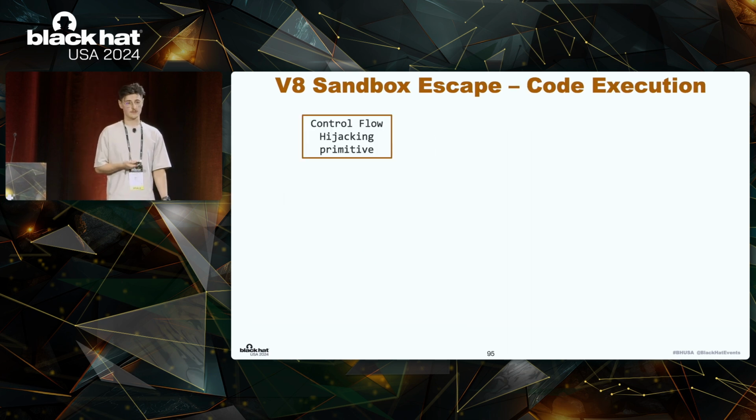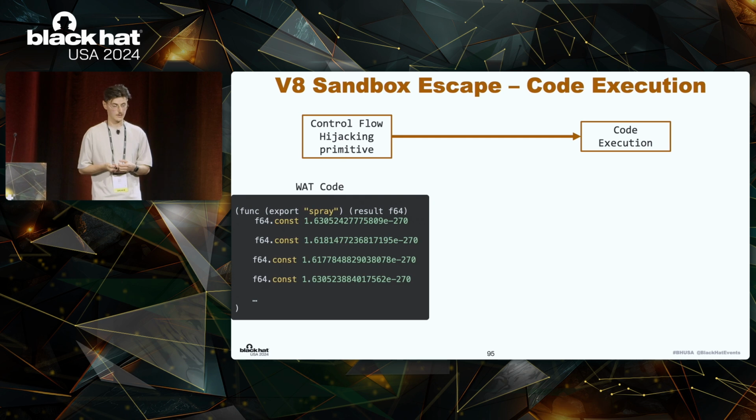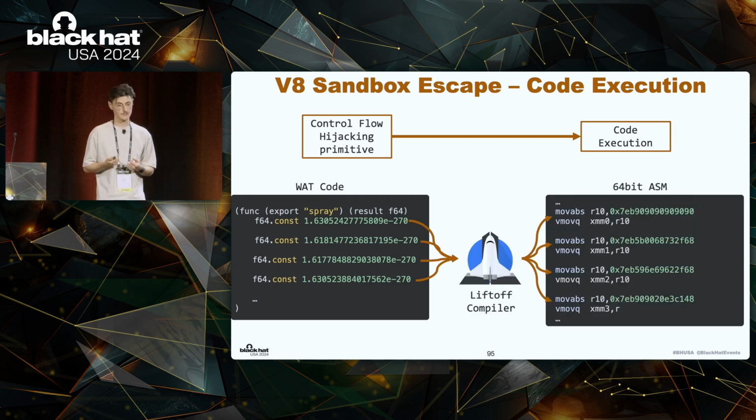Now to go from that primitive to code execution, we still have some stuff to do because we don't have any arbitrary write, so we can't write shellcode directly there. So we use a trick, which is that in WebAssembly, floating points are compiled as 64-bit values by the WebAssembly baseline compiler, which is Liftoff.